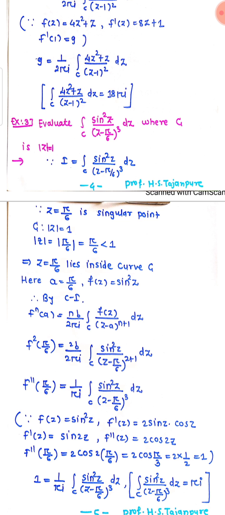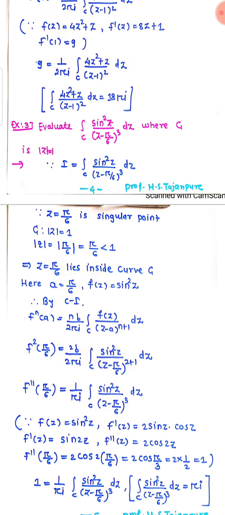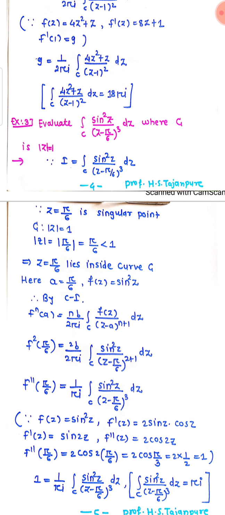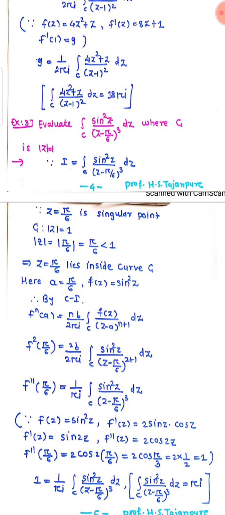And now you replace z by pi by 6. So right hand side will be 2 cos 2 into pi by 6, means it is 2 cos pi by 3, and the value of cos pi by 3 is 1 by 2, means the value of f double dash of pi by 6 is equal to 1. So substitute that value in the equation.